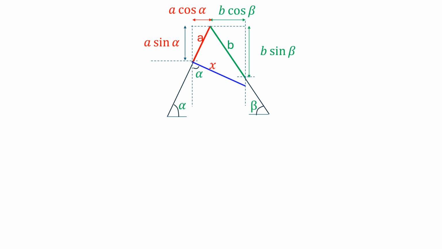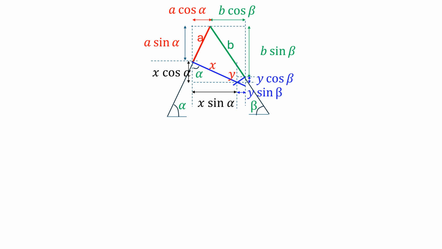So if you resolve it into components, because this angle is alpha, the components will be X cos alpha in the vertical direction, X sin alpha in the horizontal direction. Similarly, the final point will lie on this normal from member BC, this blue colored normal. Let us say that distance is y. Then the components will be y cos beta in the vertical direction, y sin beta in the horizontal direction.